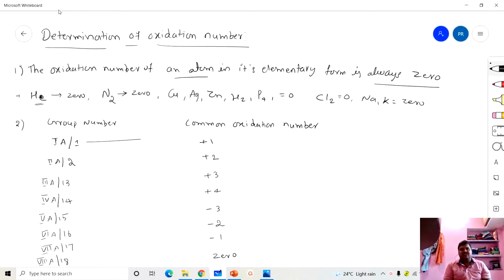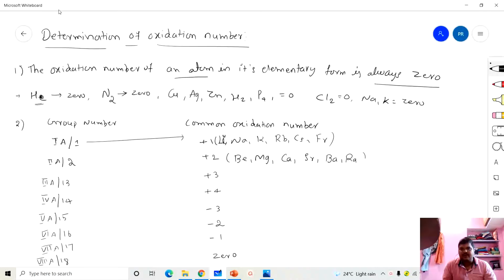So, first A group, general oxidation number +1. What are the first A group elements? Lithium, sodium, potassium, rubidium, cesium, francium. Second A group elements: beryllium, magnesium, calcium, strontium, barium, radium, +2.